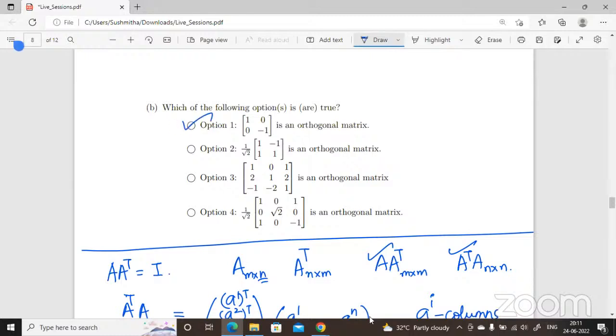So what about the second one? Yes, it is also orthogonal. Third one? Third one is not, I guess. Clearly it's not divided by the norm. The last one? Just keep checking.